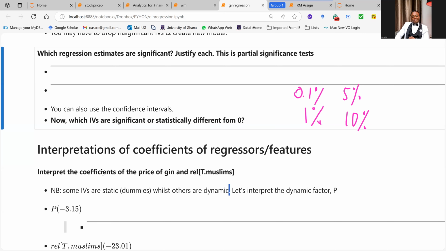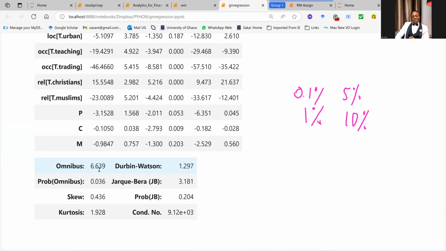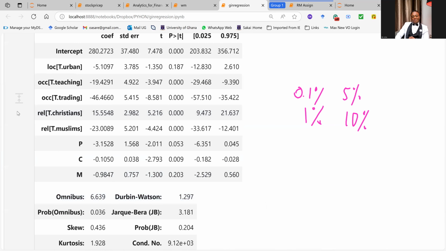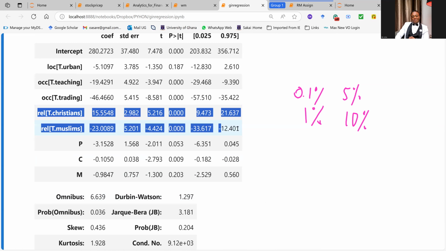Now, if you check carefully and you look at the results for religion, there were 3 actually, but this result omitted 1. So that one that is omitted is called a reference category. Write it down. The one that is omitted is the reference category.